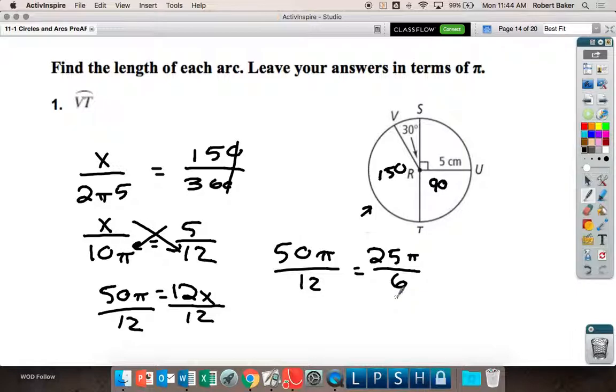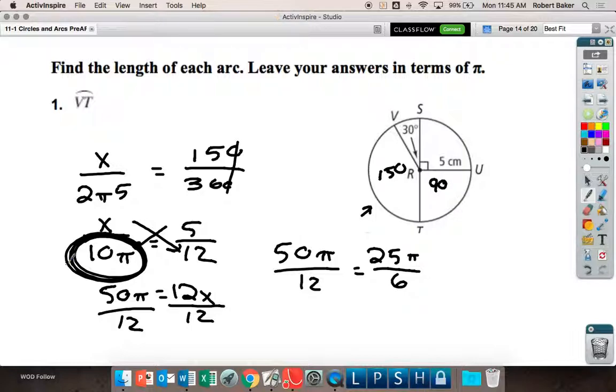Now, theoretically, you have enough information to find every other arc measurement out there without doing any other extra math. What is the length all the way around the circle? 10 pi, right? Yes?